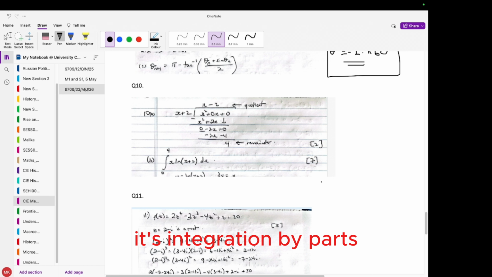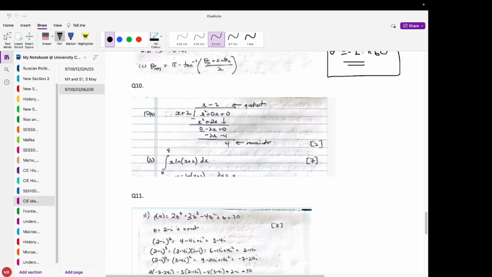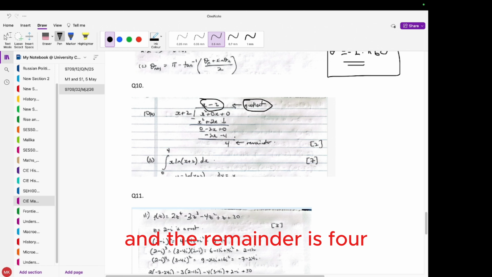It's integration by parts. In the first part we have the long division. We get the quotient of x minus 2 and the remainder is 4.